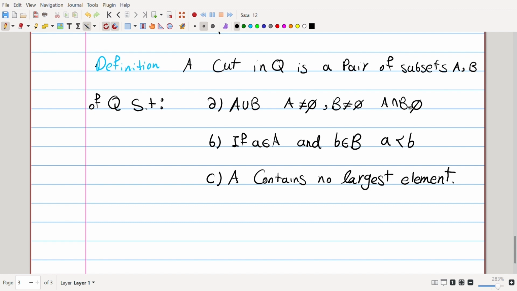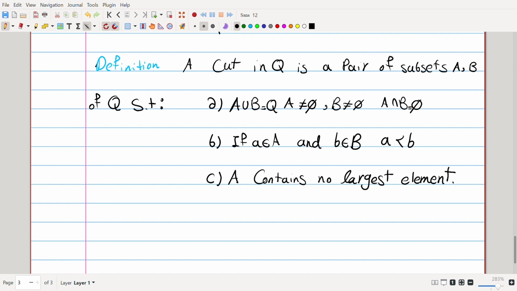He defined that a cut in Q is a pair of subsets A and B of Q such that it has three properties. A union B equals the set of rational numbers, A and B both aren't the empty set, and the intersection of A and B is equal to the empty set. They do not have any intersection.